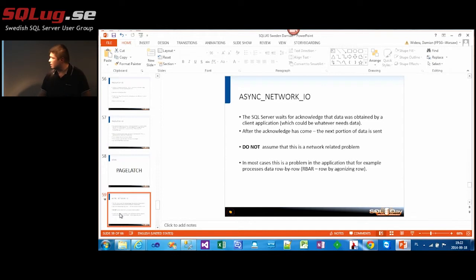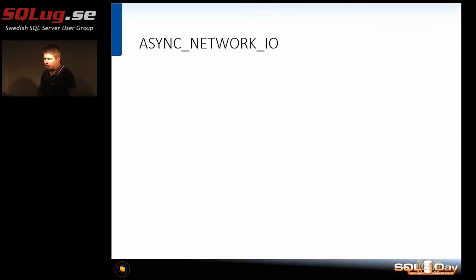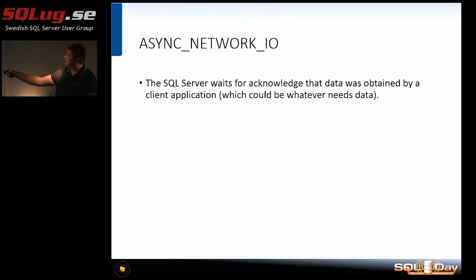Async network I/O is the last thing I would like to present. Async network I/O should tell you that there is a problem with the network, which is not actually the case, even though the network is present in the name. What does it mean? SQL Server waits for acknowledgement that data was obtained by the client application.